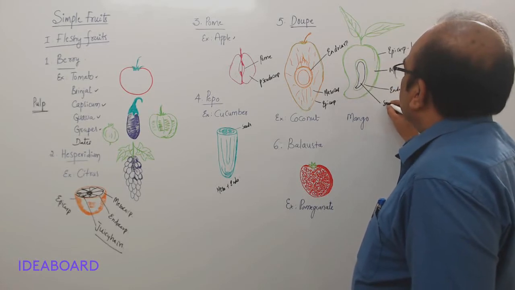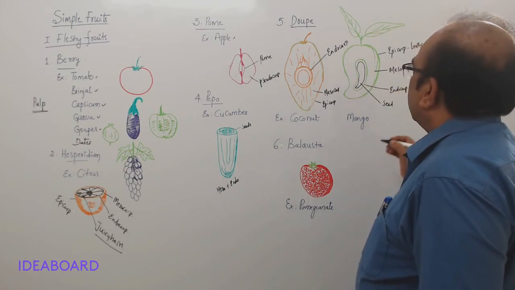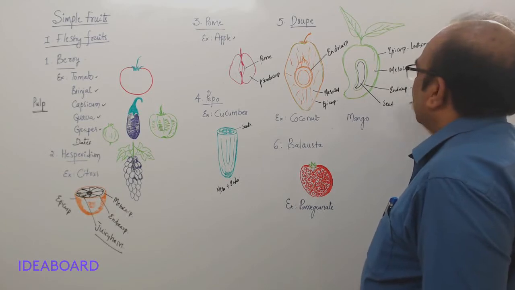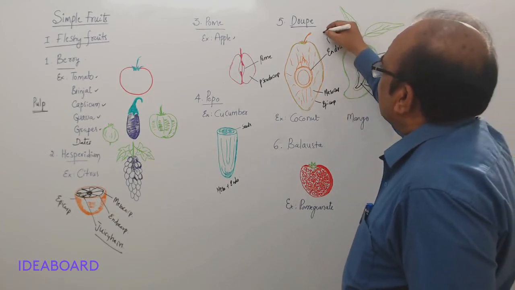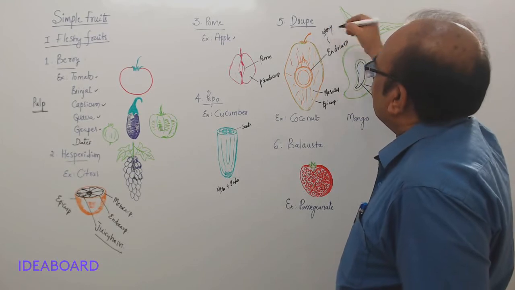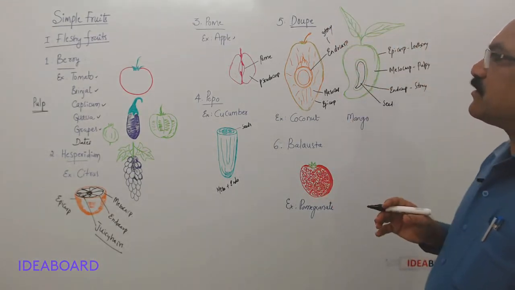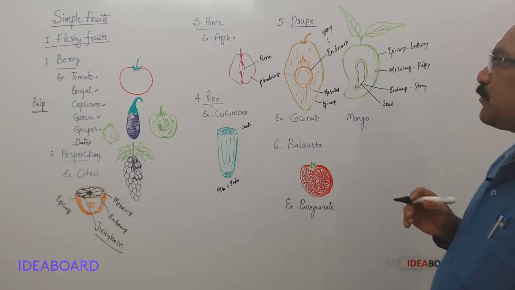Here also the endocarp is stony. So the presence of a stony endocarp is a characteristic feature of the drupe.